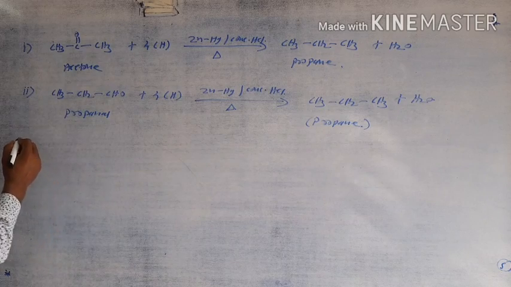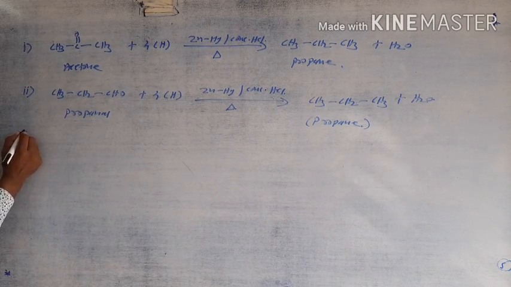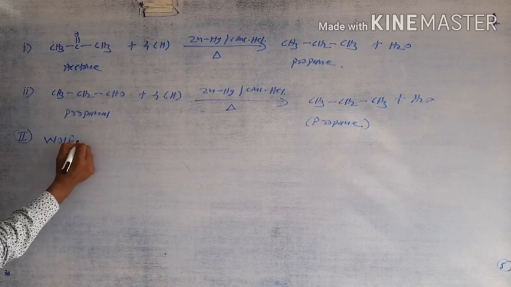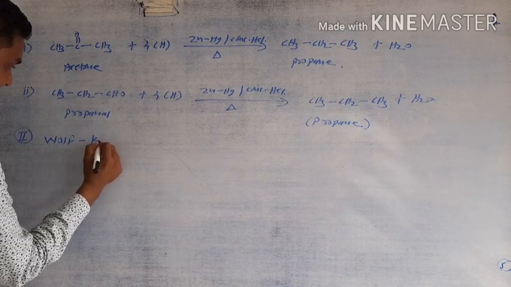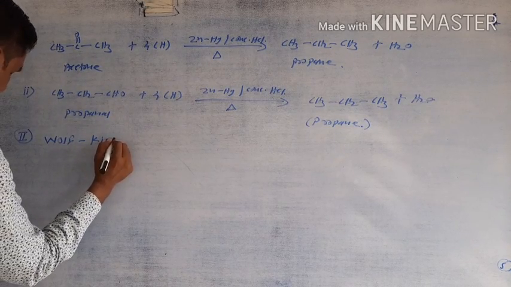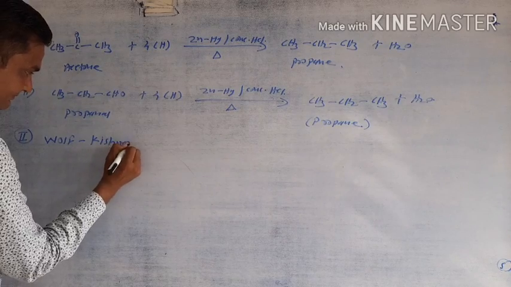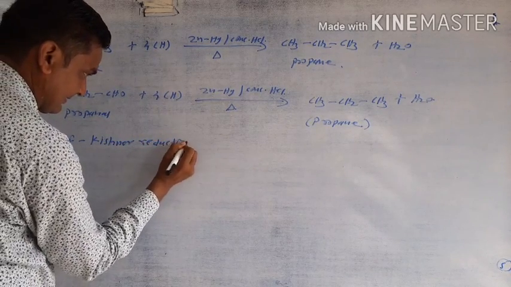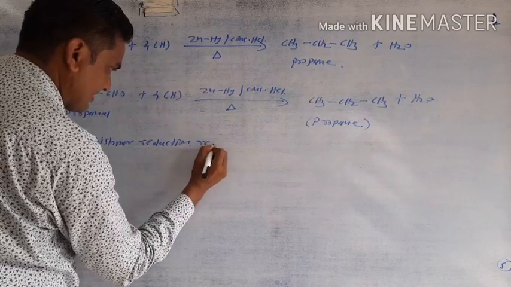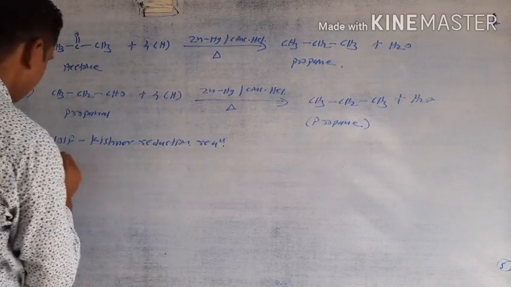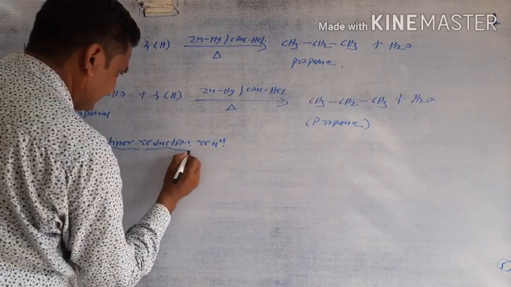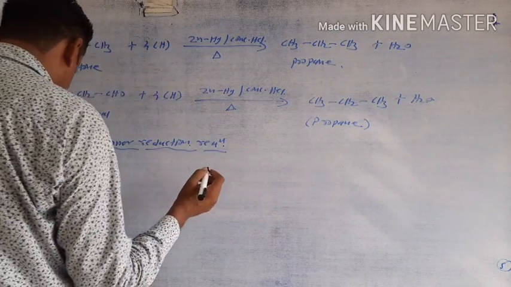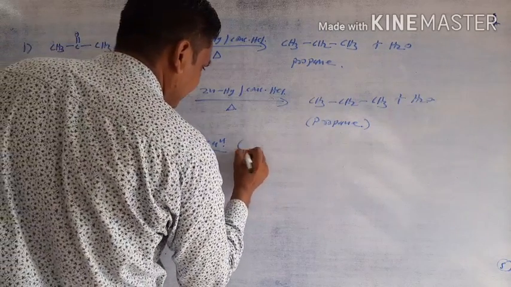Next reduction reaction is the second one, the Wolff-Kishner reduction reaction. Generally, this type of the reduction reaction is in basic medium.